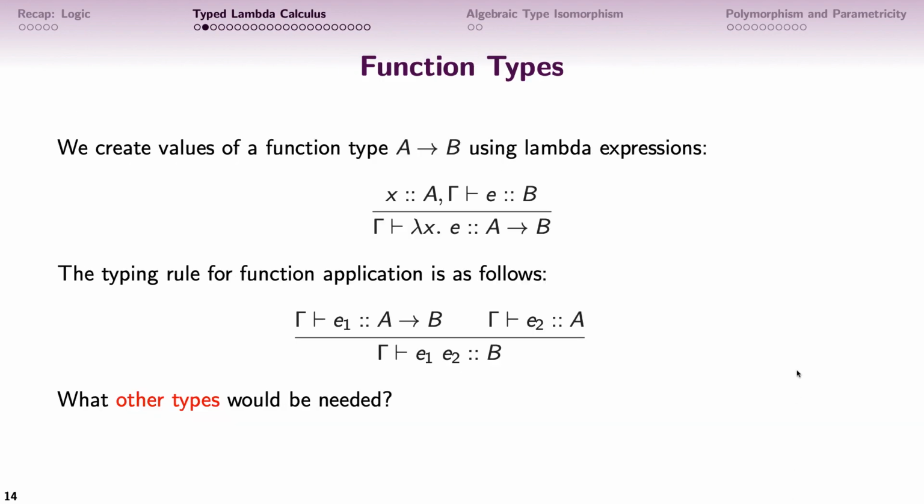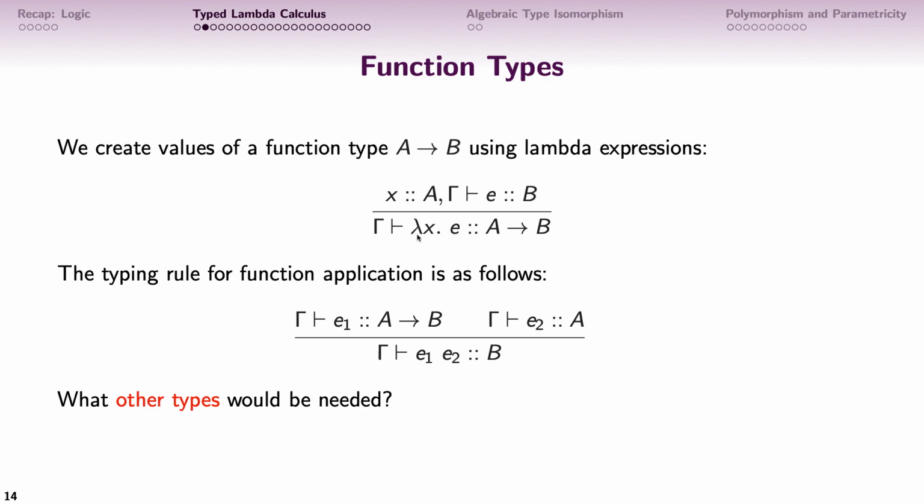If I have a lambda expression, if I say lambda x e, so \x arrow e in Haskell, then that is of type a function from A to B if, assuming that the variable x is of type A, then the expression e can be shown to be of type B. So I have a rule here that's describing how I can give a type to an expression.